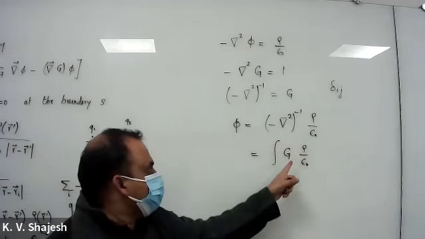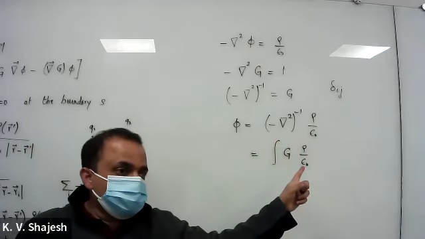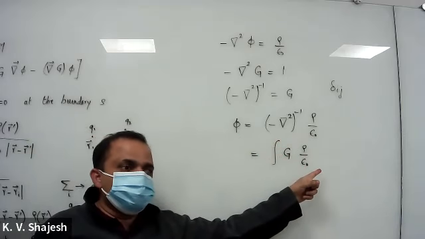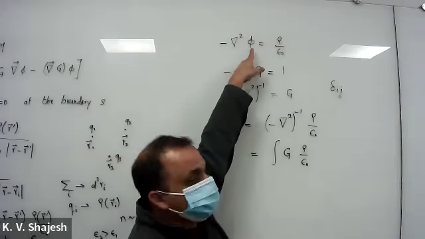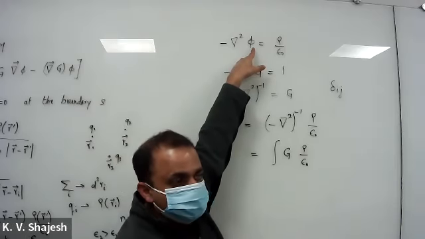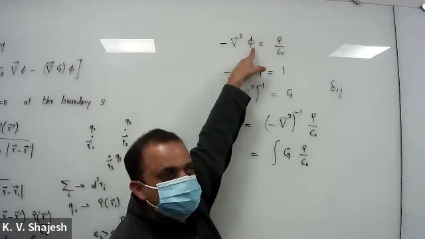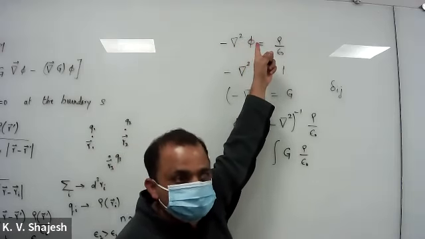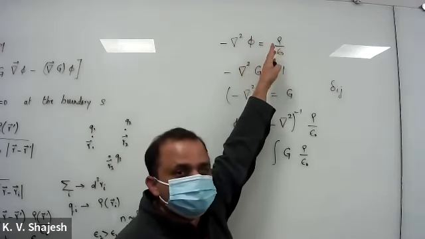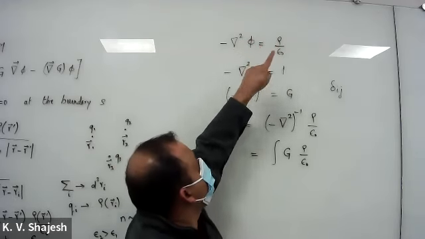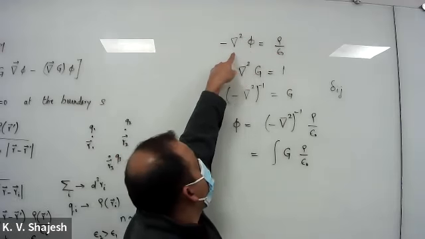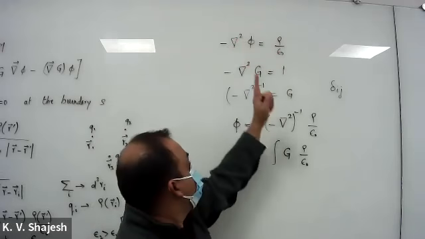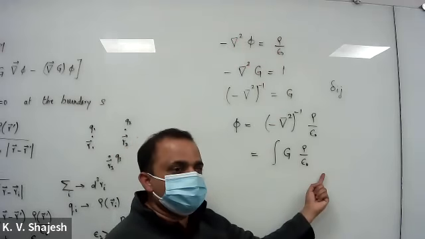When I'm inverting that, I get an integral. And that's exactly what we saw there, right? So phi is the integral of G times rho. So this is the power of Green's function. Whenever I have an inhomogeneous differential equation, if it's homogeneous, then it's easy. Whenever I have an inhomogeneous differential equation, I try to find the inverse of that operator, that is the Green's function, and the solution will simply be the Green's function multiplied by this.